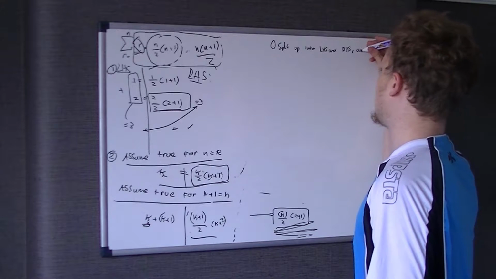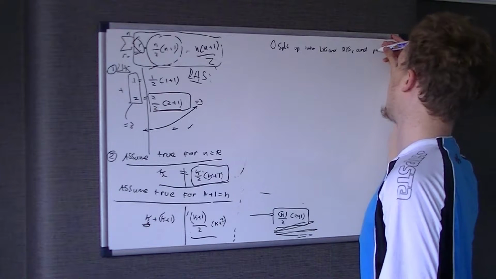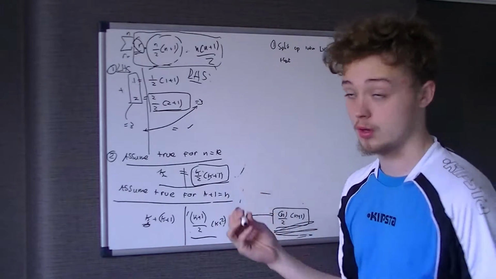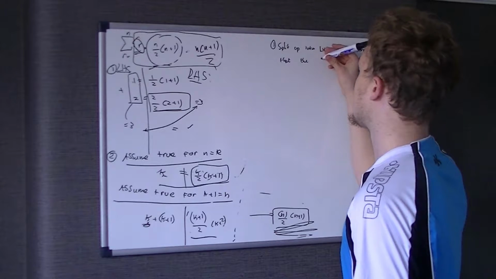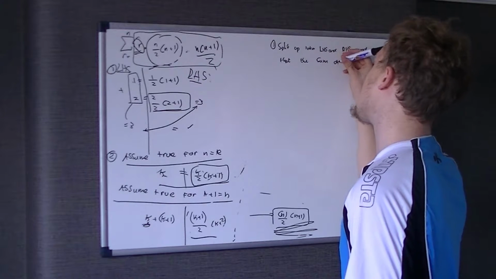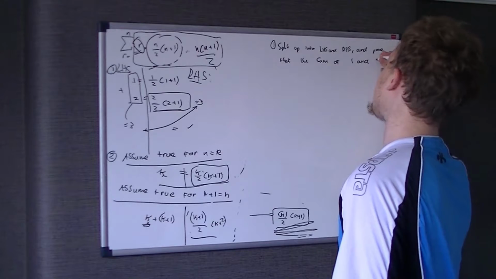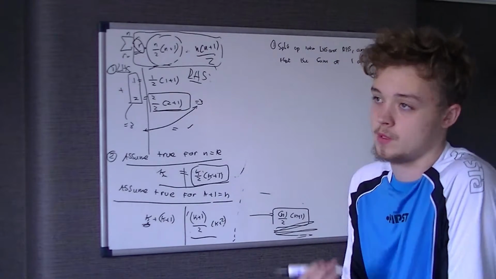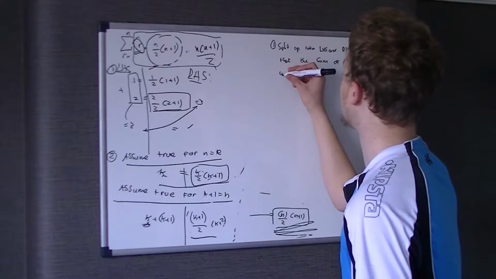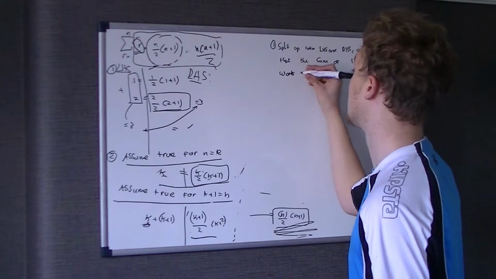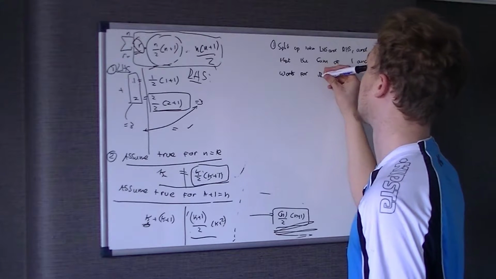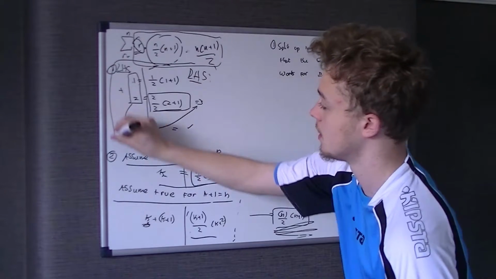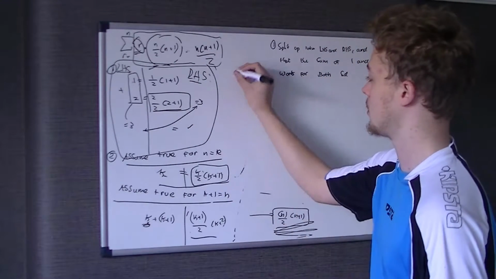And in the same step, prove that the sum of 1 and 2 works, or gives the same answer, for both sides. So that's the left hand side and the right hand side.